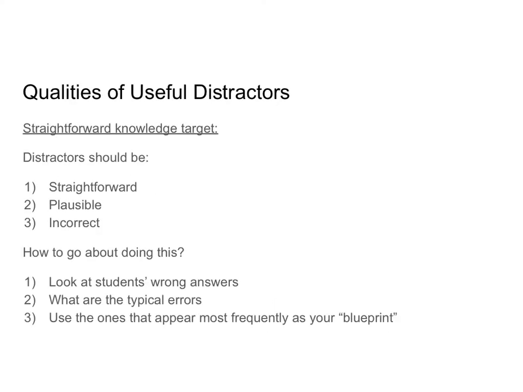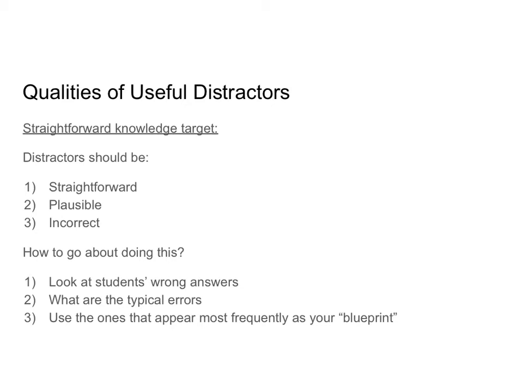In addition, these are some qualities of useful distractors. Distractors being the wrong answer choices that help us see how to guide instruction. So if you have a straightforward knowledge target, distractors should also be straightforward, plausible, and of course incorrect. So how do we go about doing this?